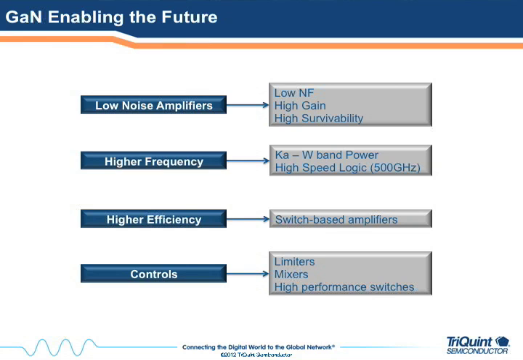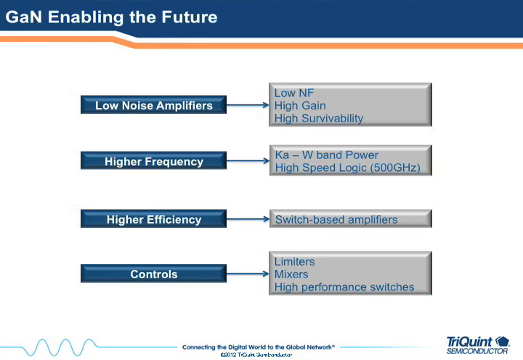Then high efficiency, as I mentioned, our MPC program is targeting switch-based amplifiers. That's really targeting achieving higher efficiency. We're doing a lot of work right now on X-band efficiency levels. So this is where the switch-based amplifiers can really benefit.